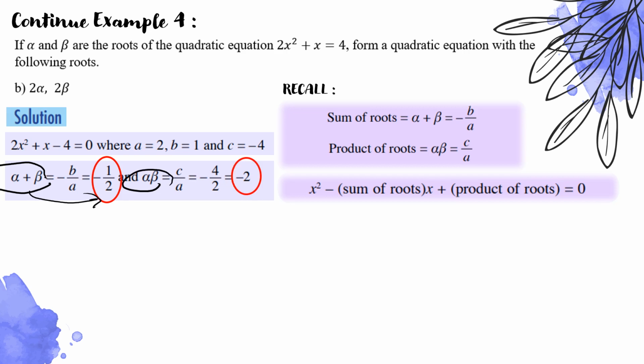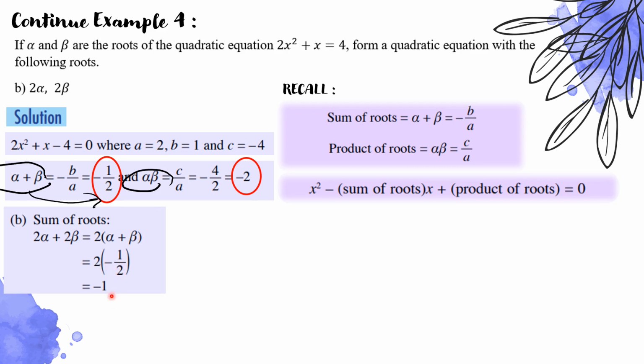So remember this one. So first step, you need to find the sum of root for 2 alpha and 2 beta. 2 alpha plus 2 beta, you factorize to 2 times alpha plus beta. So it becomes 2 multiplied with negative 1/2, you get negative 1.